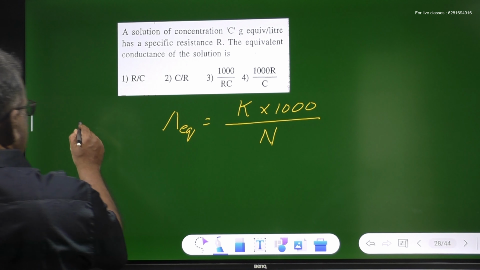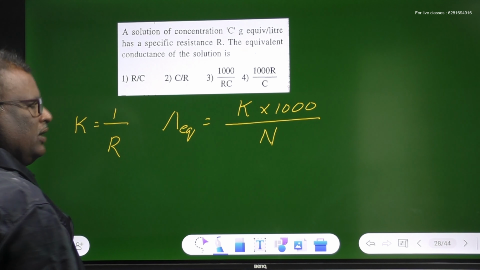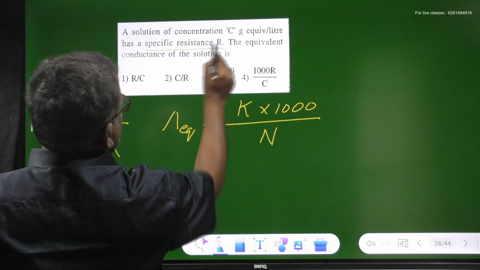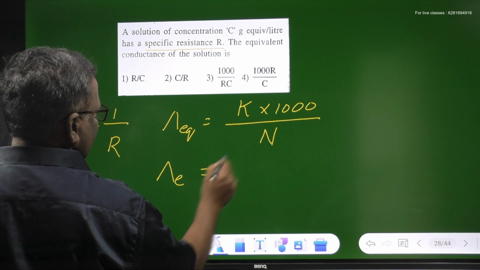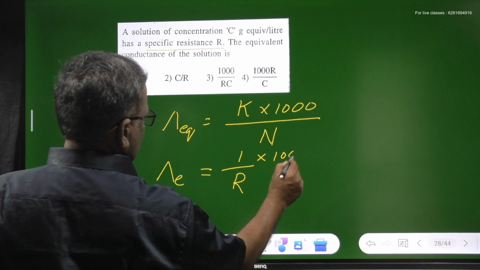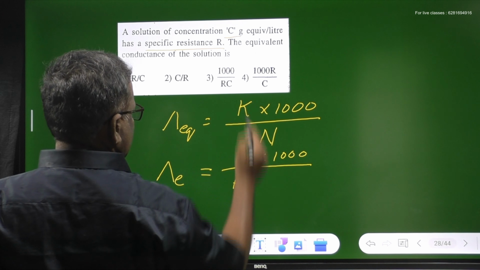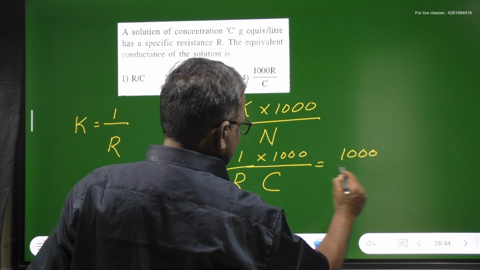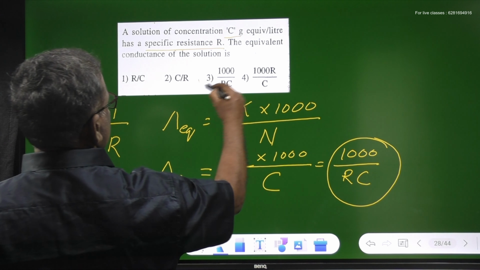Specific conductance K is the inverse of specific resistance R. So K is equal to 1 by R, and equivalent conductance will be 1 by R into 1000 by the solution concentration C. So this is 1000 by RC. Third option is correct.